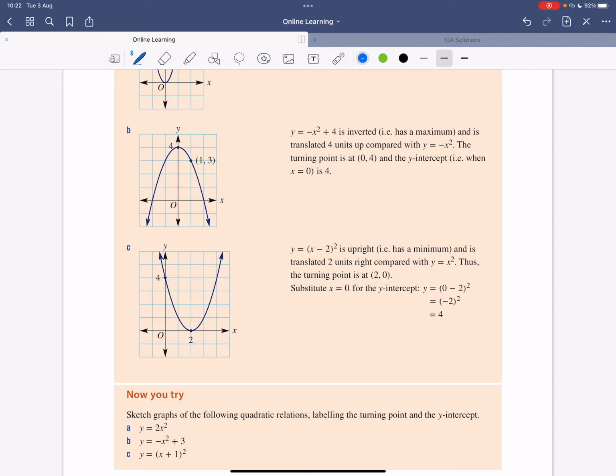The y-intercept is found when x equals 0. So when x equals 0, y equals, and we substitute x for 0. 0 minus 2 is negative 2. And negative 2 squared, well, that's negative 2 times negative 2, which is positive 4.